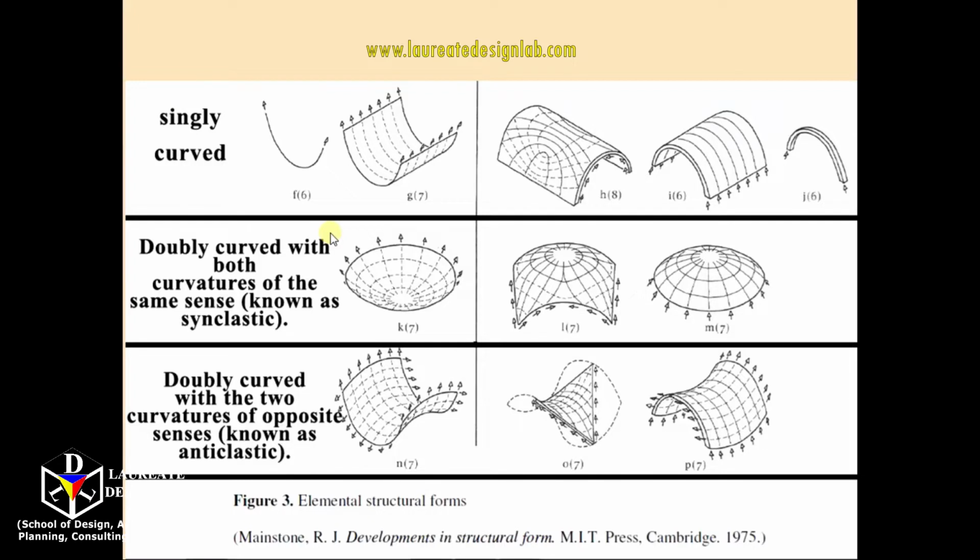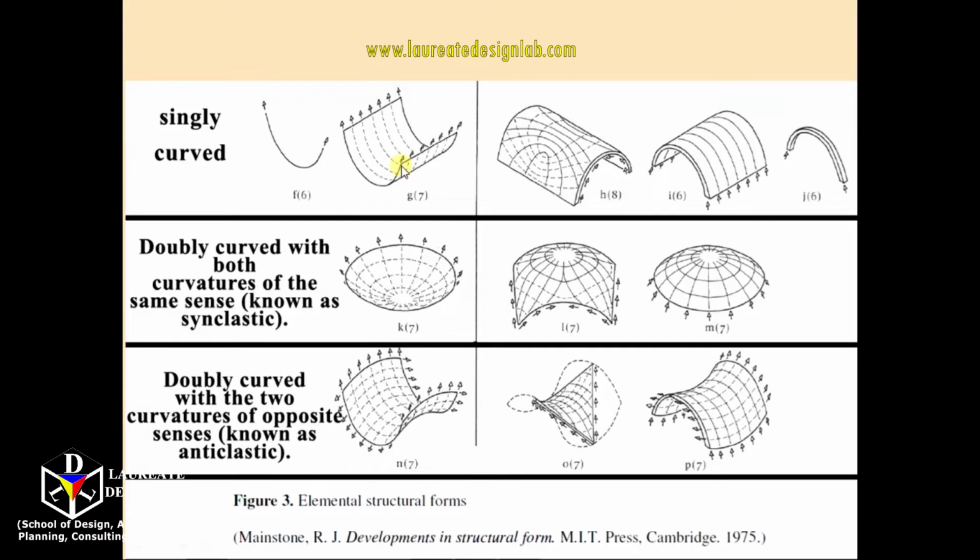Curved surfaces can be classified broadly into three categories. One in which you are having split cylinder or the half cylinder. So this will be called singly curved, wherein this shape is getting repeated throughout.